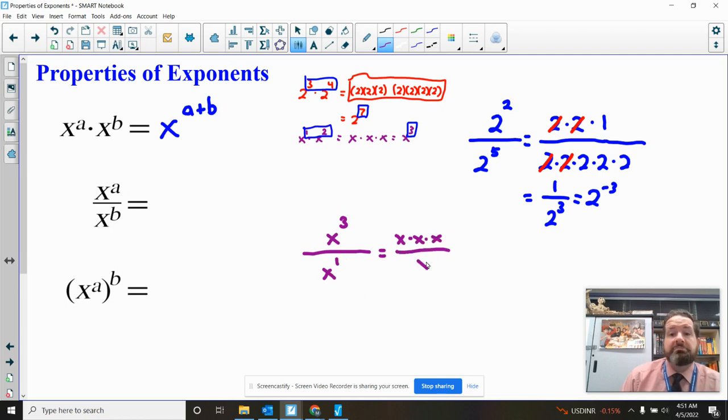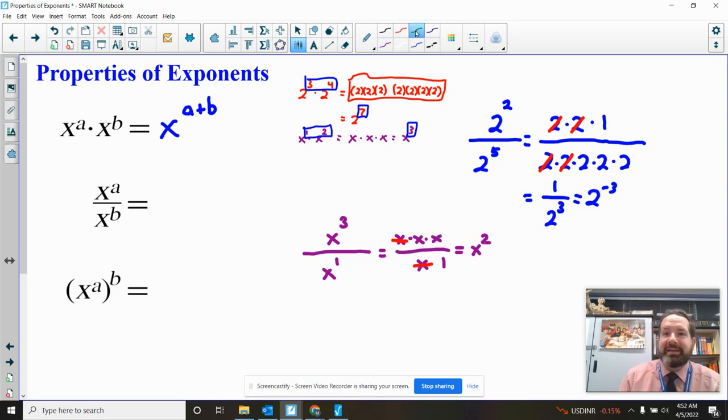X to the first is just a single x, that's all it is. And now let's do that same reduction. This x on the bottom can reduce with one of those x's on the top. What we're left with is a 1 on the bottom, and dividing by 1 doesn't change anything. And on the top, we've got x times x, which is x to the second.